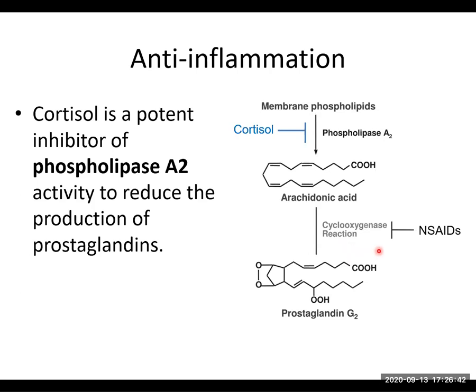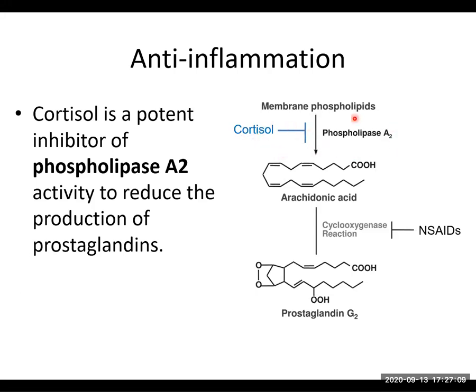Earlier, we learned that this COX can be inhibited by the NSAID in order to reduce the production of the prostaglandin. And today, we learned that in addition to this, cortisol can also prevent this pathway by inhibiting a further upstream target.